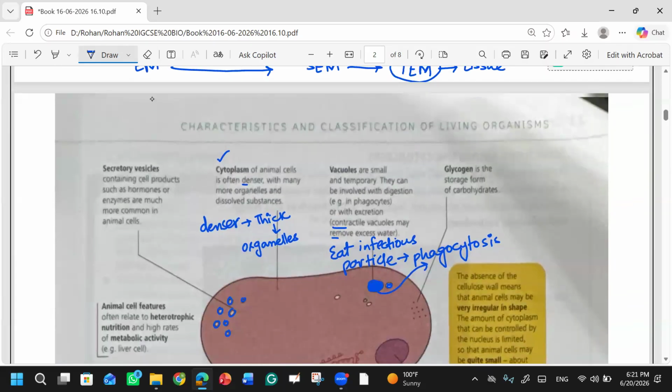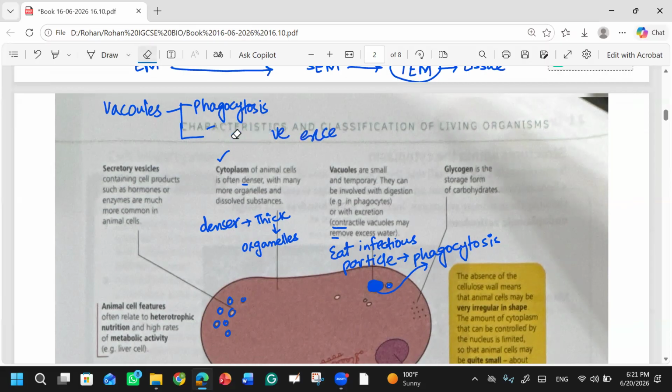Simply, we have discussed that vacuoles can do two functions. First is phagocytosis, and the other is to remove excess water, okay. That is known as pinocytosis.